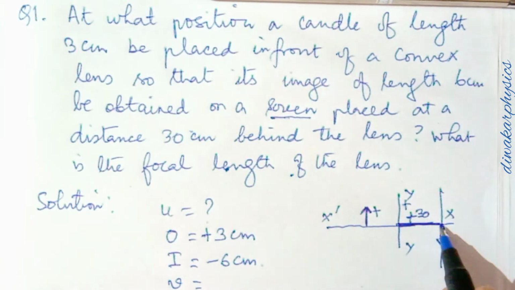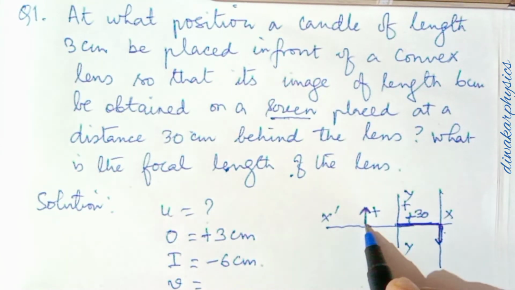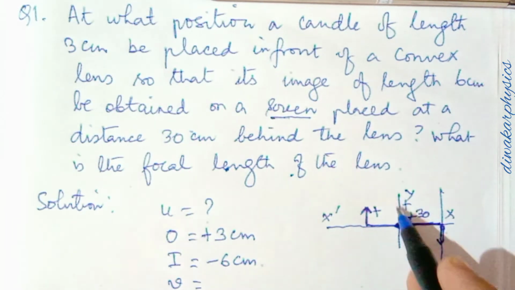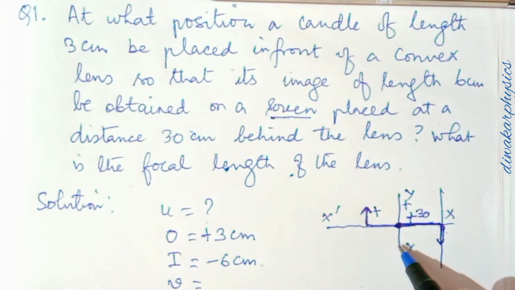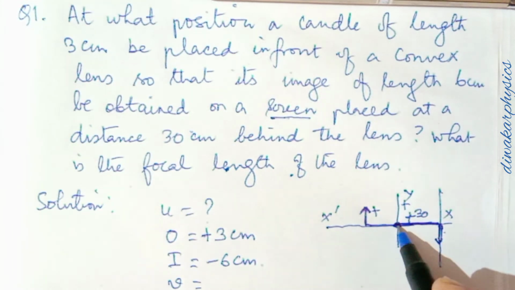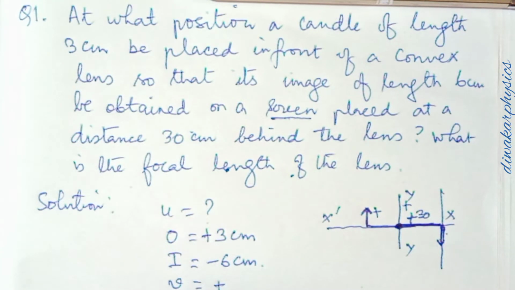Always remember, image distance or object distance are always calculated from the optical center, which is the origin in this Cartesian system of sign convention. So distances are always measured from the optical center. So 30 is the image distance, so plus 30 cm.